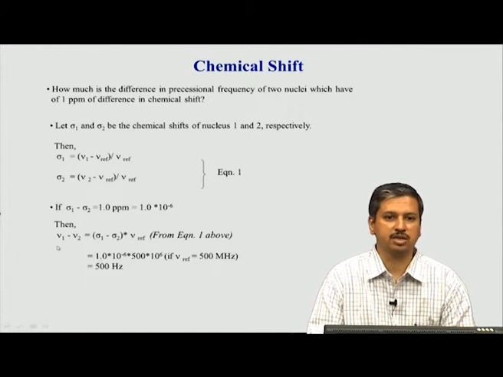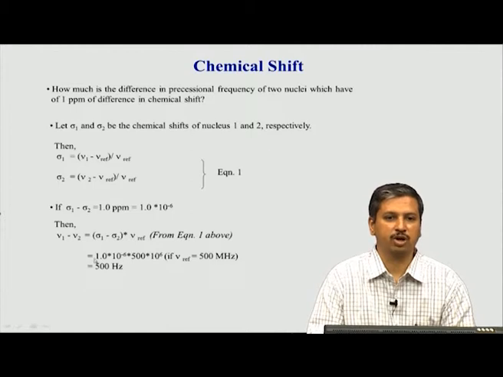Let us say we have a 2 ppm difference. Then 2 ppm will become 1000 hertz. So, you simply take the spectrometer frequency in megahertz, that is 500 or 600 megahertz, multiply by the difference in the ppm value, and that will give you the difference in the hertz scale.